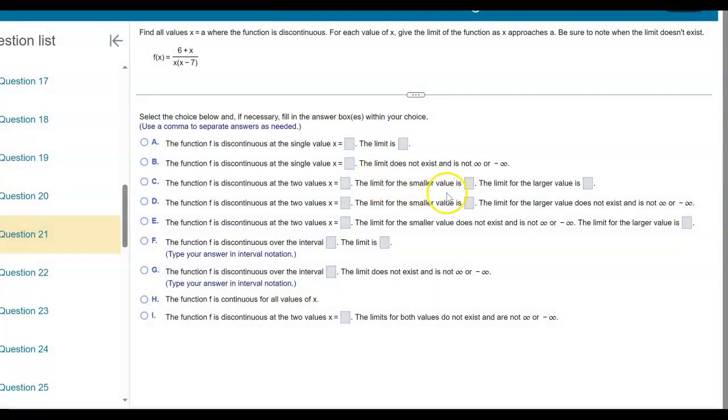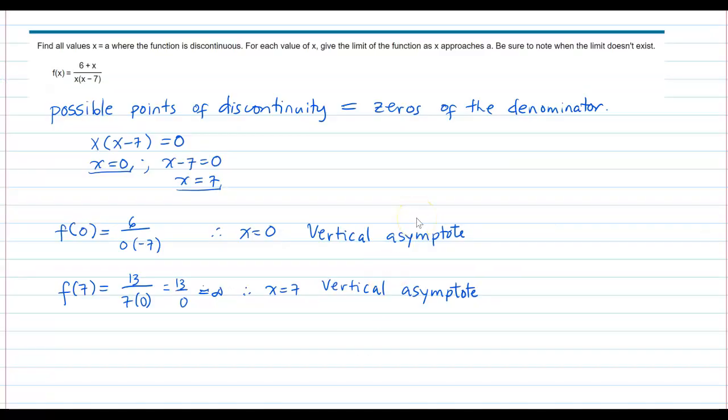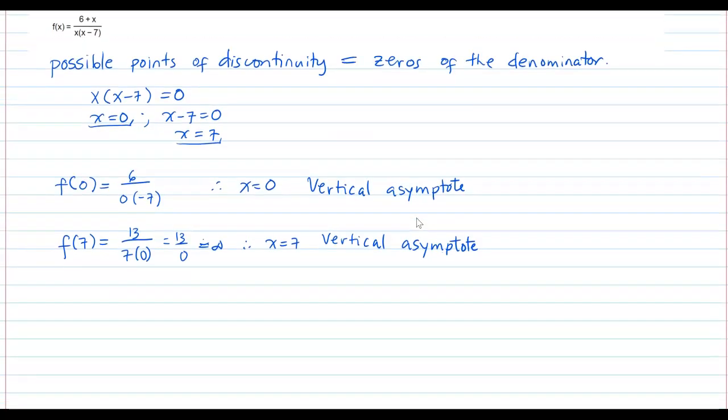The limit for the smaller value, now, in this case, you would have to evaluate the limit. The limit would either be positive or negative infinity. So in that case, we would have to use calculus to evaluate the limit here. Okay, so we know we have vertical asymptotes. All right, so this is your algebraic method, and you would not know if it's positive or negative infinity in that case.